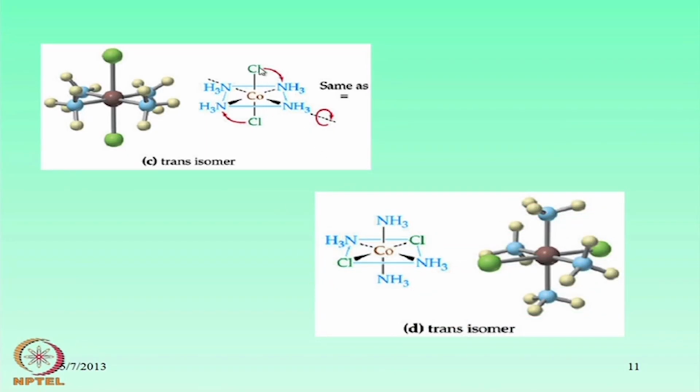That means when we rotate, this Cl will come over here and this Cl will go over there. So we have the Cl-Co-Cl as the trans isomer. This is one trans orientation and through rotation we get another trans orientation, and both of them can be designated as the corresponding trans isomer.